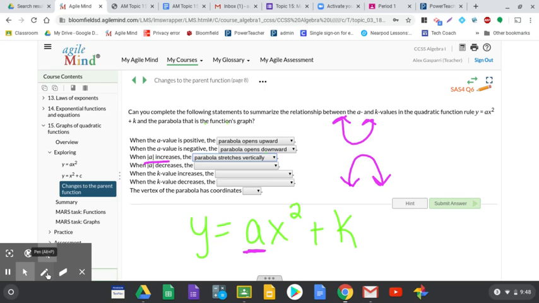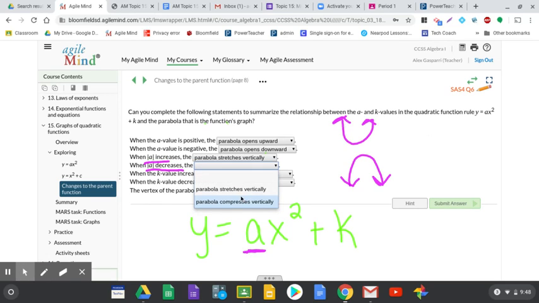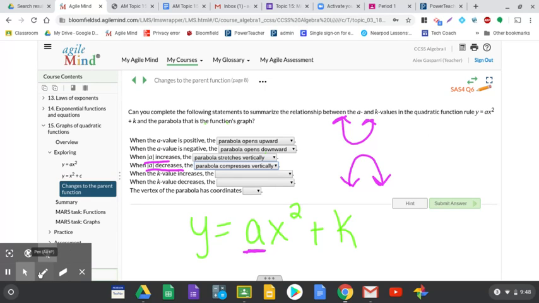When the absolute value of a decreases, right, it's going to get compressed. And remember, they're using the absolute value bars because that happens when it opens upward normally, and the same thing happens when it opens downward.